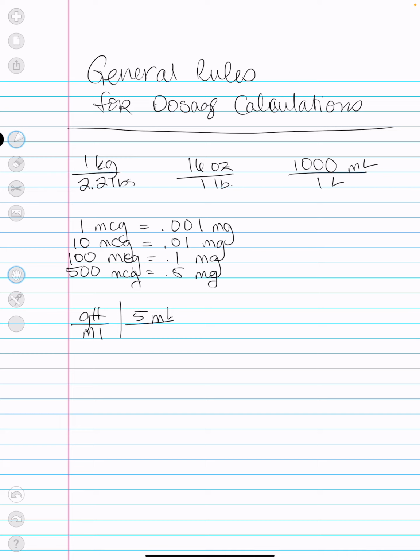Just remember that you have to convert it properly before you try to get the full answer, because otherwise you'll be off by a couple of decimal places. So that's what I got for my general rules for dosage calculations, specifically when it comes down to conversion factors. Don't forget your conversion factors and make sure that you're including them.